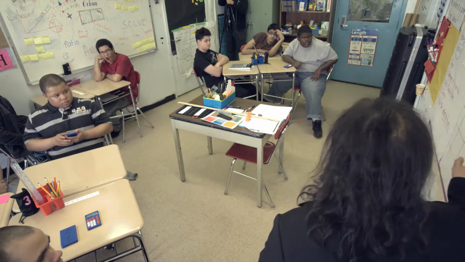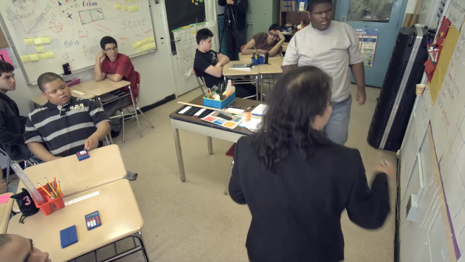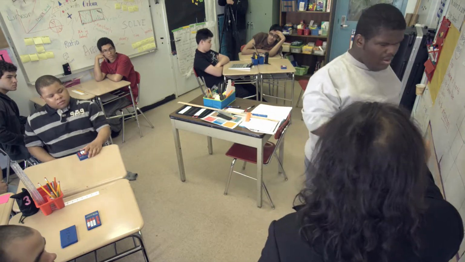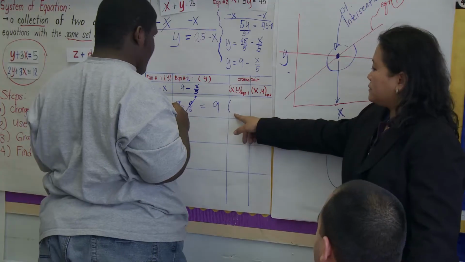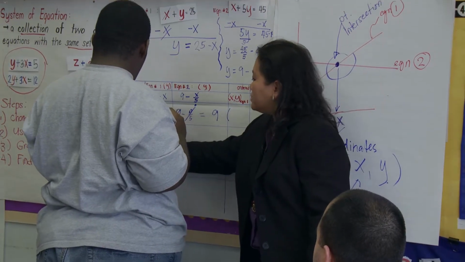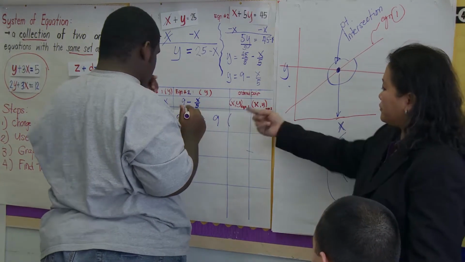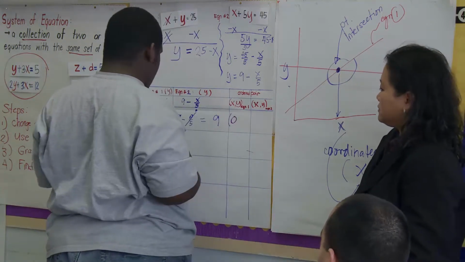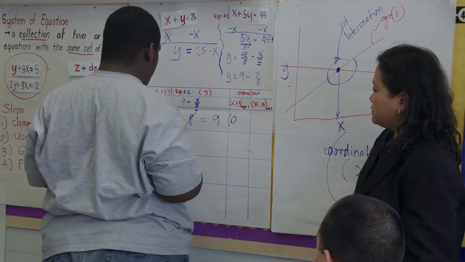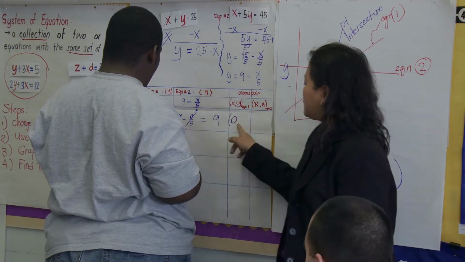Help me out, Maurice. What will be the first ordered pair? This is the first set. This is the number 0. Okay, so write it down. 0 and 25.